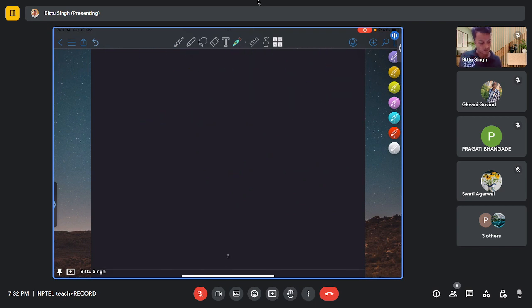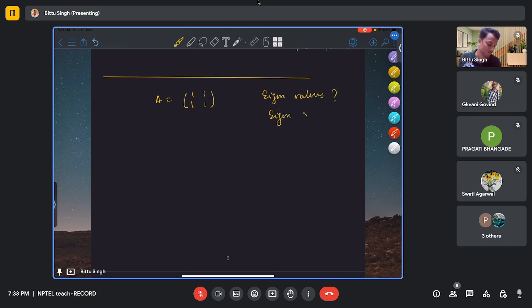Let us check another example, then it will be clearer. Given A is 1 1 1 1, we need to find eigenvalues, and another thing is eigenvectors.